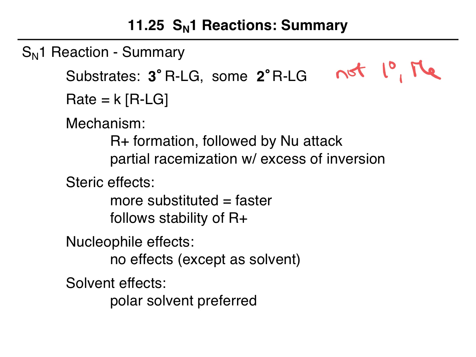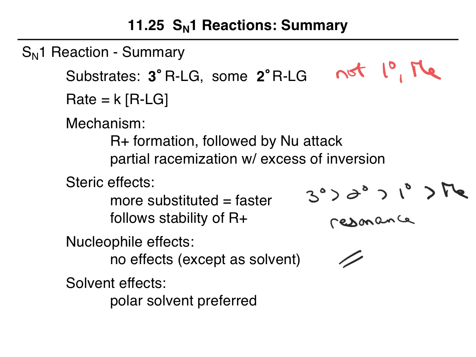Now, we've talked about tertiary compared to secondary, compared to primary, compared to methyl, but also long, long ago, we reviewed resonance. So you may come across some carbocations that could be further stabilized by resonance.